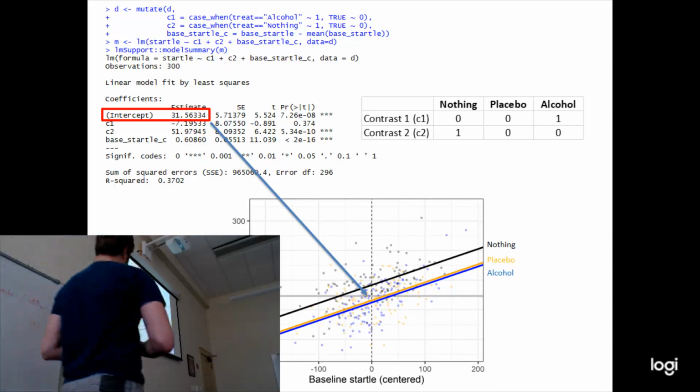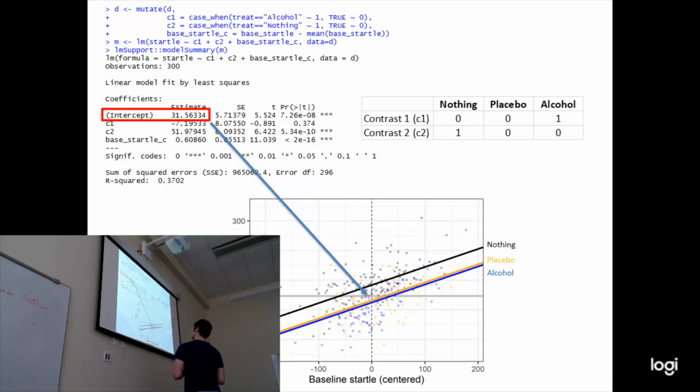So the intercept is slightly different from when we worked with planned orthogonal contrasts. In planned orthogonal contrasts, remember the intercept referred to the average of the three groups because I centered all of the contrasts. But here, the intercept is the mean of the placebo group, and I have a line that represents the placebo group.